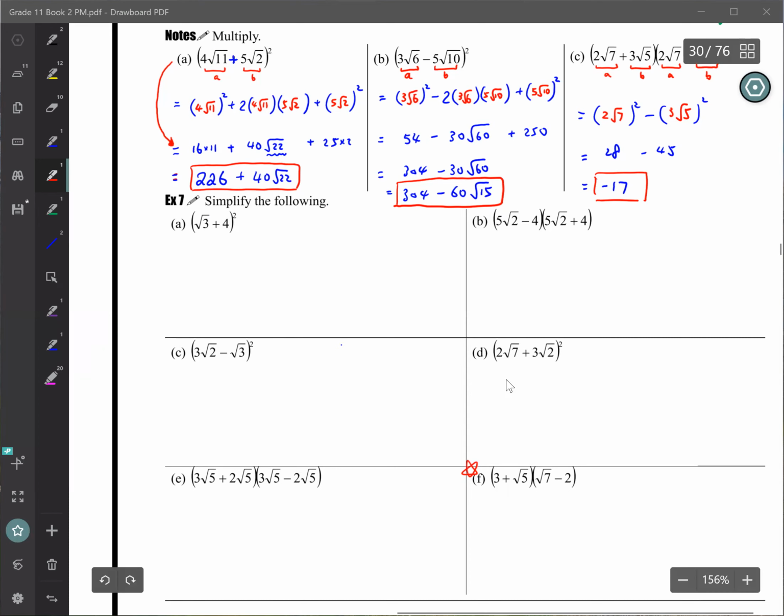And try to do these questions in 2 lines. Do not use the brackets, okay? It will take too much time if you keep doing the brackets for future work. So go straight to the second line on the notes, and then get the final answer.